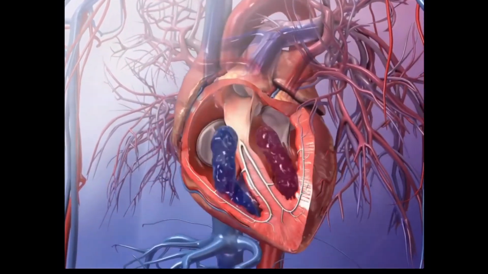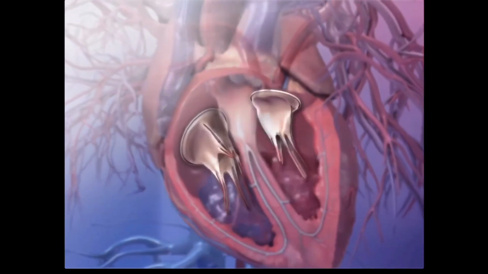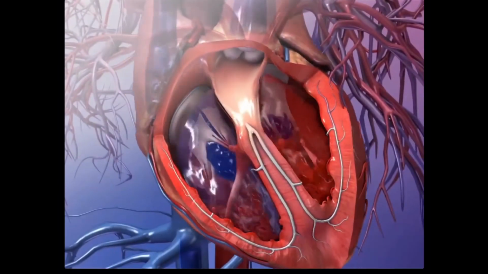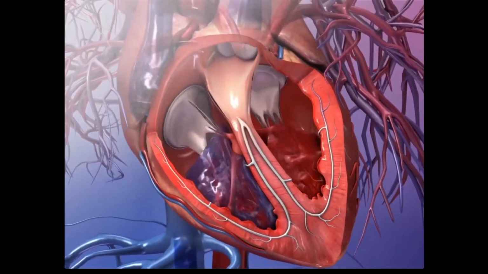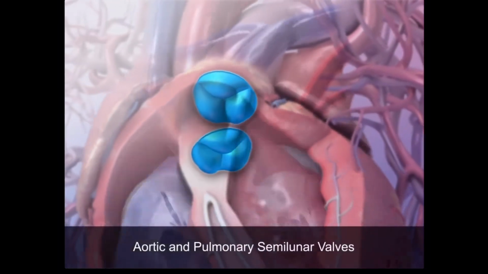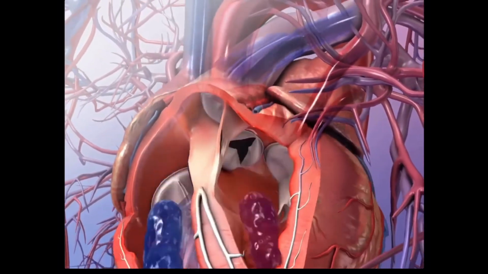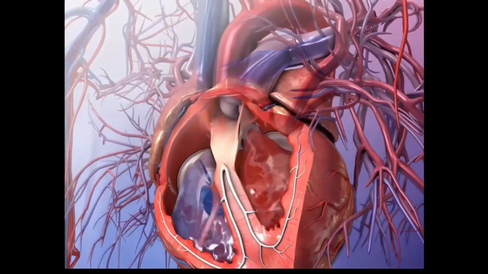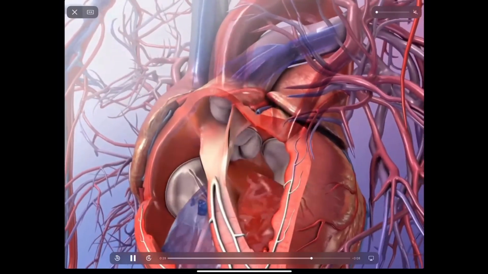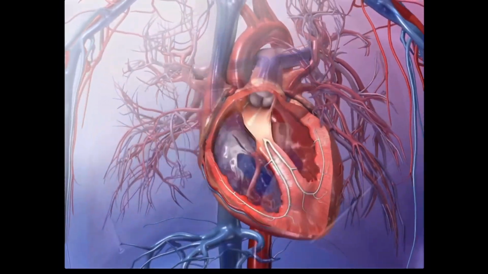So you can see the tricuspid and mitral valves, which are opening and closing, and they are working in a coordinated way as the blood enters the ventricles from the atriums, and then blood is going through the aortic and pulmonary semilunar valves, and this is where again they are opening and closing to prevent backward flow into the heart. So if we just go again, you can see the motion of these valves and how they work in coordination to prevent backward flow of blood.